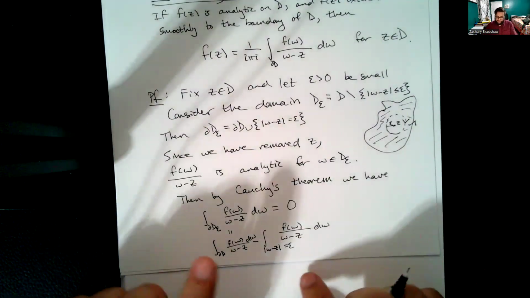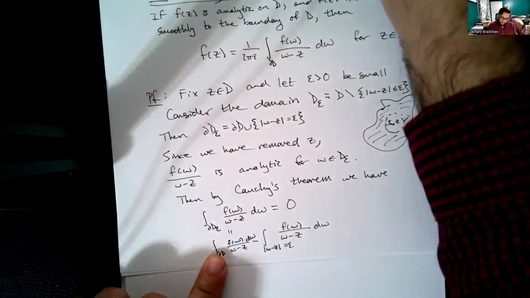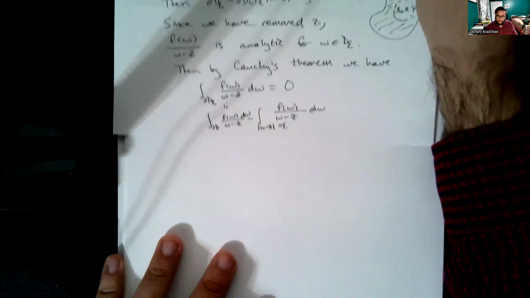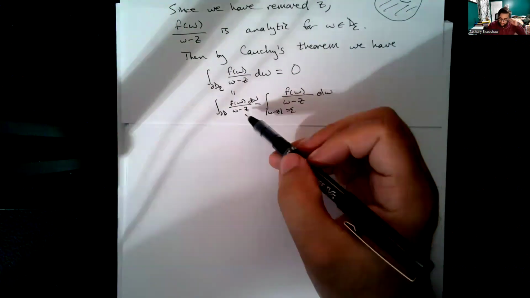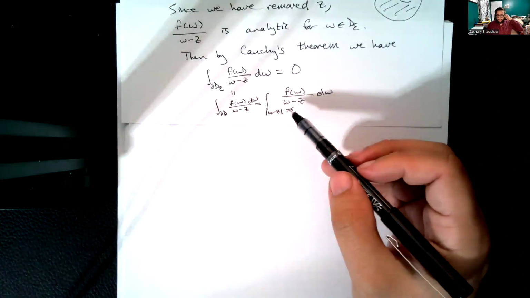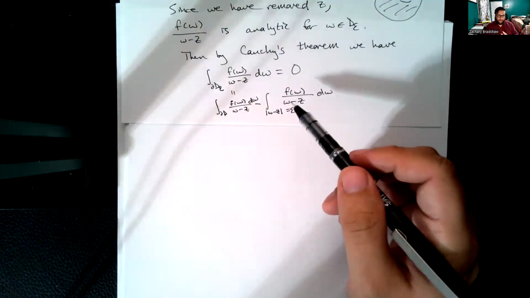And so we find that these two integrals are equivalent to each other. Okay, so the integral along the boundary is equivalent to the integral along the circle of radius epsilon centered at z.